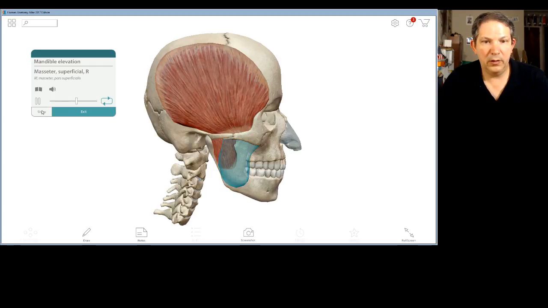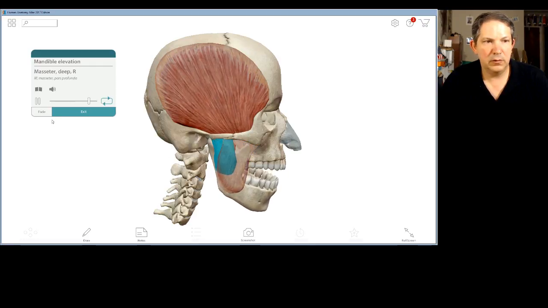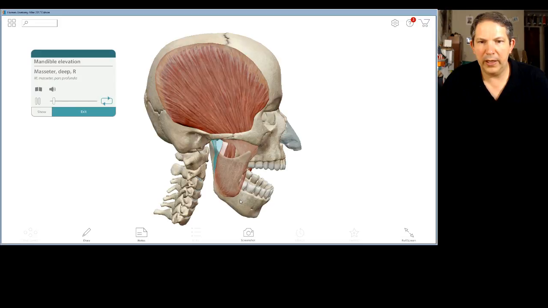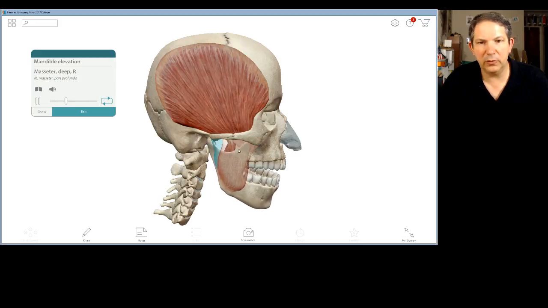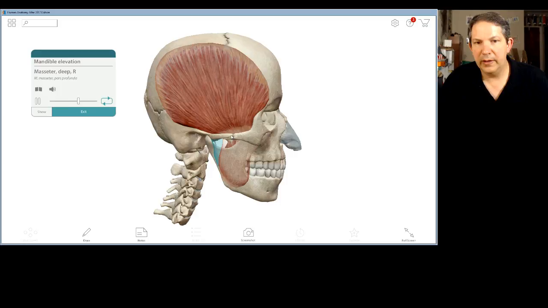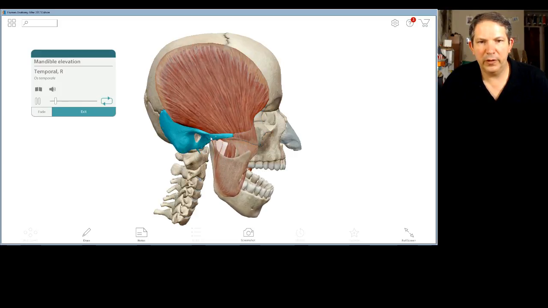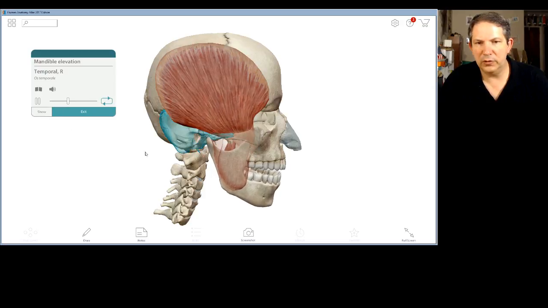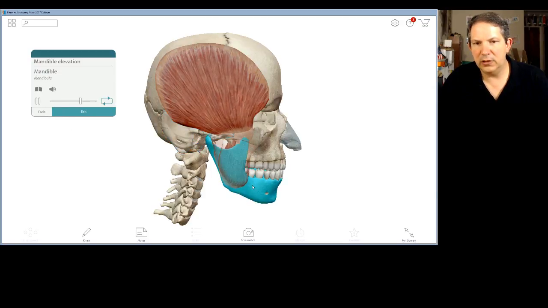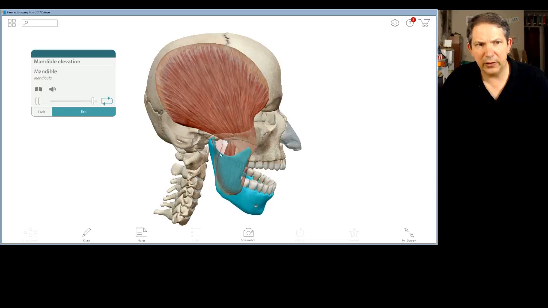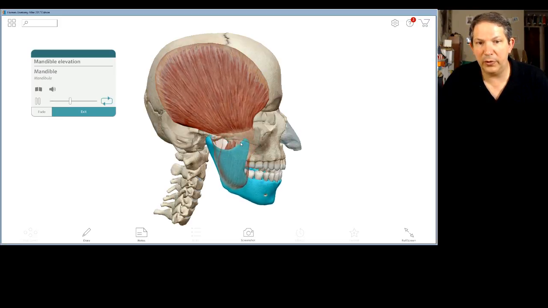Let me hide, can we hide enough things here that we can see the insertion point? Now the insertion point, let me even move the zygomatic and temporal bones a little bit. The insertion, we can see here is our mandible, and here's our coronoid process of the mandible.